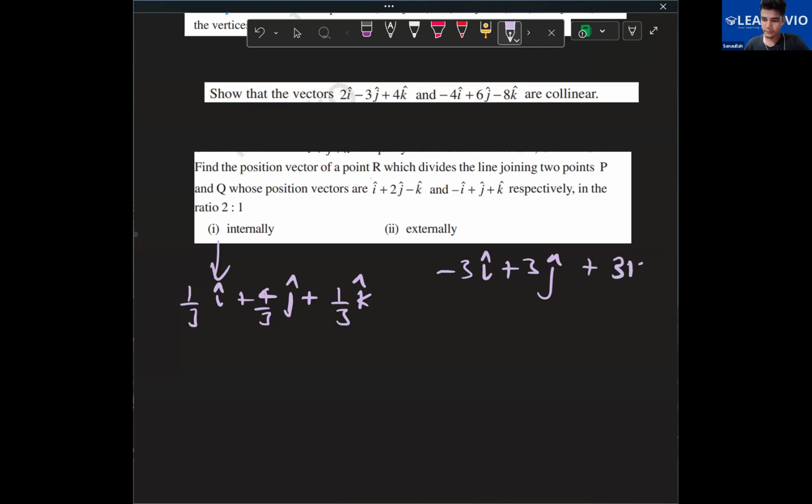Sir, I also said k cap only. मुझे लगा गलत कर दिया. All right, so is it right now? Sir, no j cap, it's 0. Yes, sir. It will be 0 j cap, 3 k cap. Right. Now this is correct.